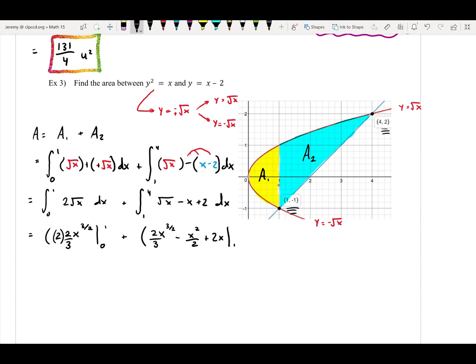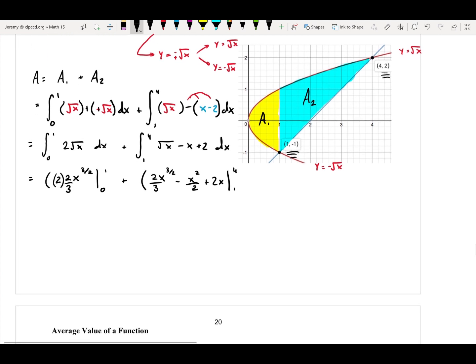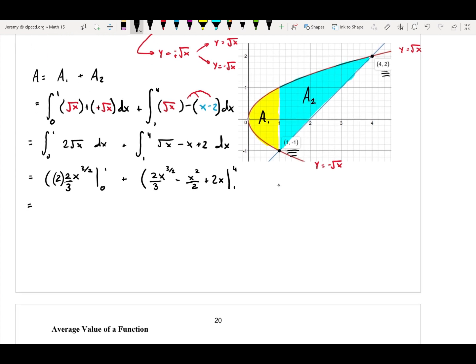And this one evaluating from 1 to 4. Okay, good. And I'll simplify a little bit. I can write this as 4/3 x to the 3/2 evaluated from 0 to 1, plus, and all this can kind of stay the same. I don't really need to change anything there.